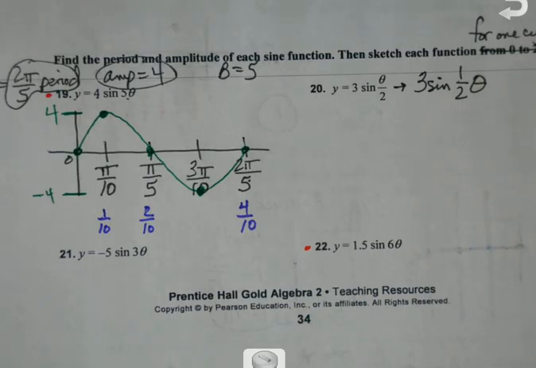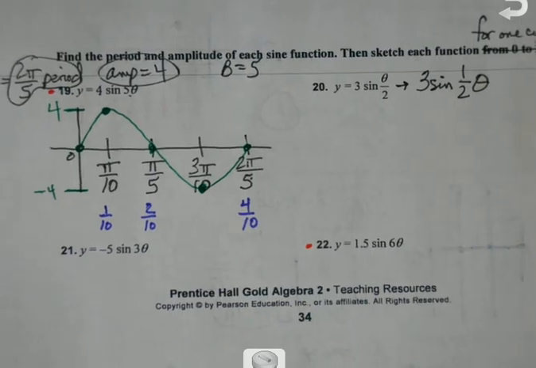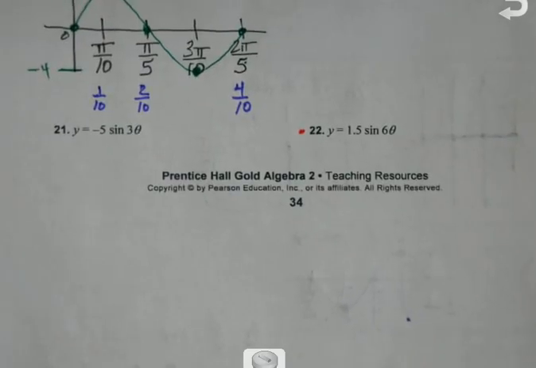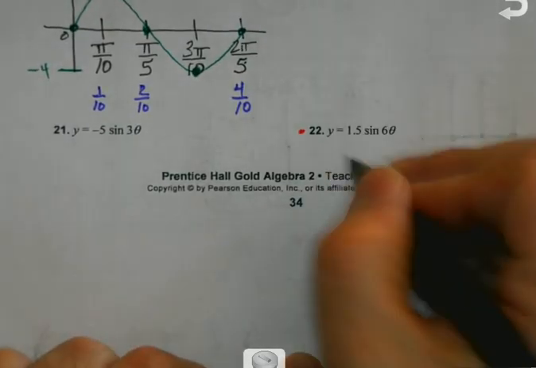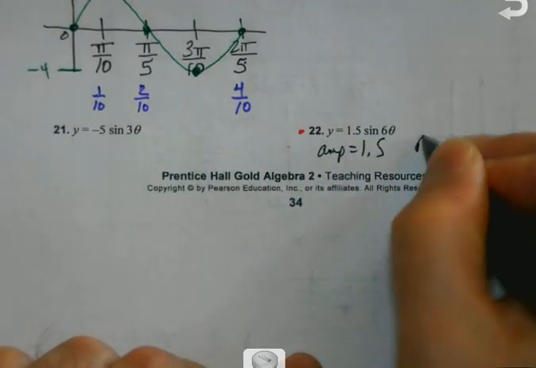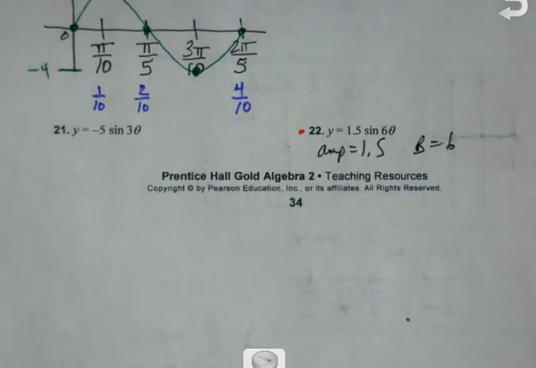And then my last one, at least the last one I'm playing with, and then we'll get you off and rolling here. Because we did a good chunk of this. I think we did more than half of it, actually. So here, my amplitude is 1.5. My b value is 6.